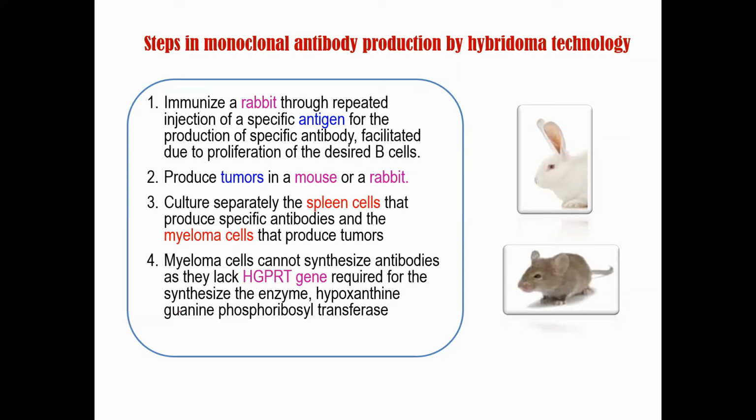First of all, myeloma cells, cancer cells, cannot synthesize the enzyme because they lack the HGPRT gene. Myeloma cells do not have the HGPRT gene, which is required to synthesize the enzyme hypoxanthine guanine phosphoribosyl transferase.